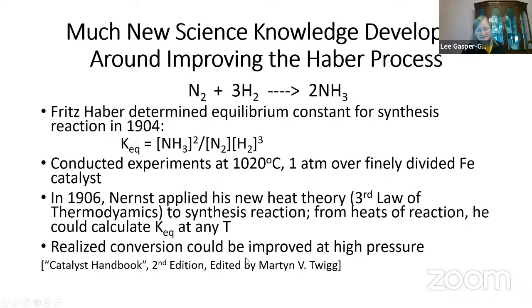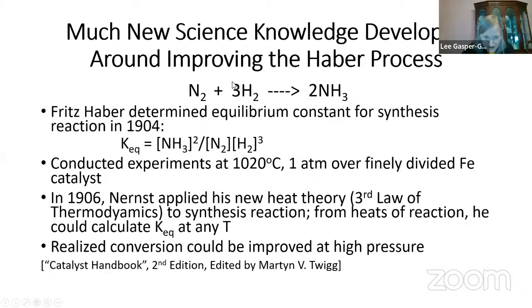Now, if you apply Le Chatelier's principle, which says if a stress is applied to a reaction mixture at equilibrium, the net reaction goes in the direction that relieves the stress. Okay, so you see here that there's 1 mole of nitrogen and 3 moles of hydrogen on this side, and you've got only 2 moles of ammonia on this side.